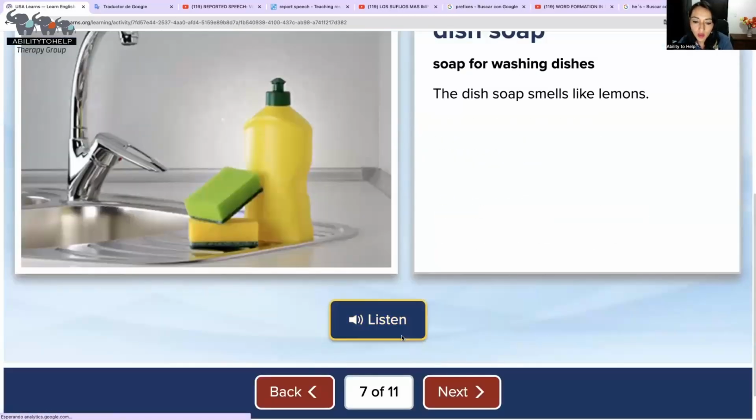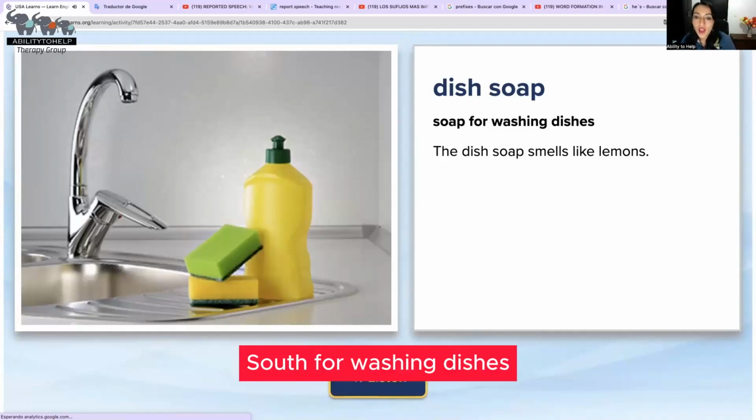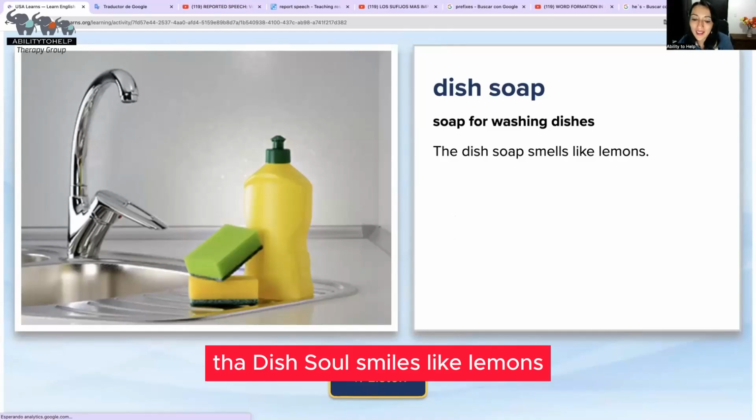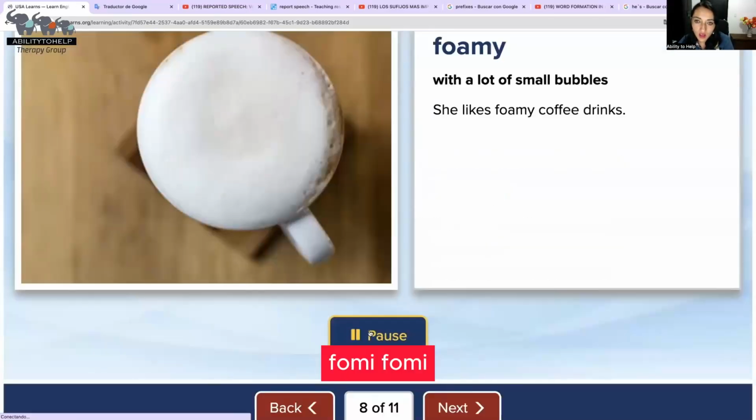Dish soap. Soap, because soup is sopa. Soap for washing dishes. The dish soap smells like lemons. Foamy.